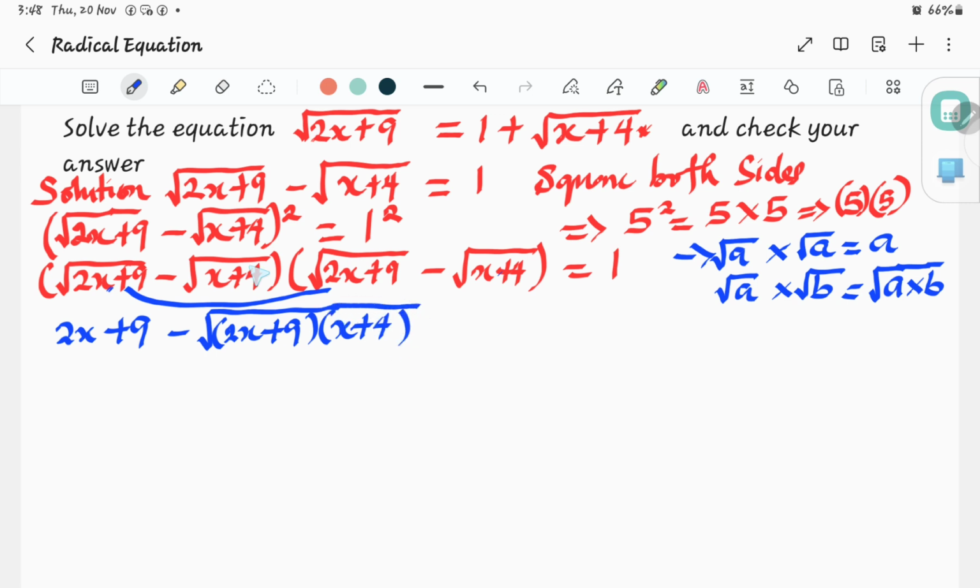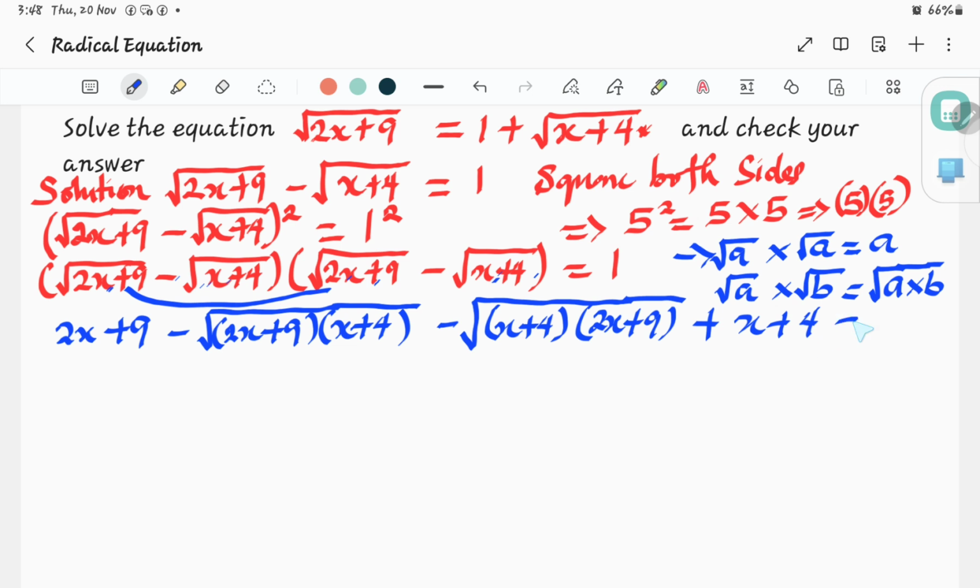Now we are done with using this to multiply this and this, so we want to use this to multiply this. We are still going to get negative the square root of x plus 4 multiplying 2x plus 9, the same bracket. And this times this: negative times negative is going to give us positive, so we get x plus 4, all equals 1.